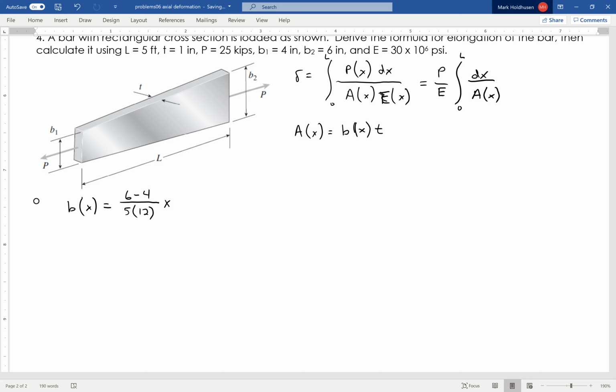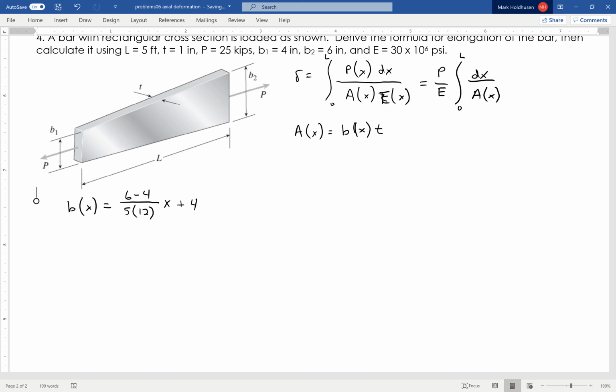Because when x is 0, the value's got to be 4. So that's essentially the y-intercept, so to speak. So I have to add on the 4. I guess I wasn't done with this. So when x is 0, that first term goes to 0, and I'm left with 4.